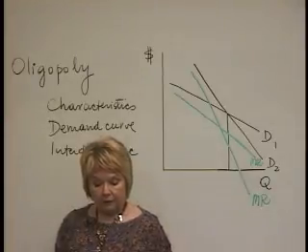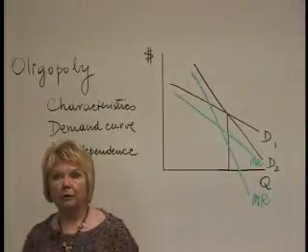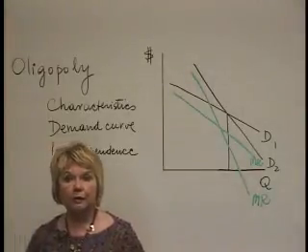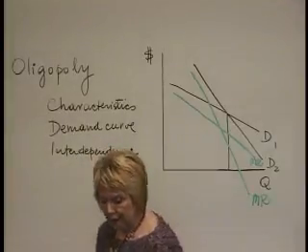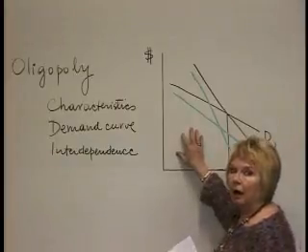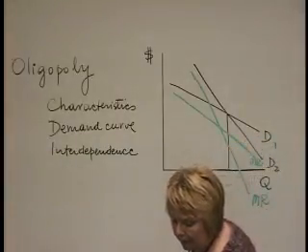So, in order to explain the process by which price is set in an oligopoly, we are going to be looking at the demand curve. So here we have the beginning of the setup for an oligopolistic demand curve.